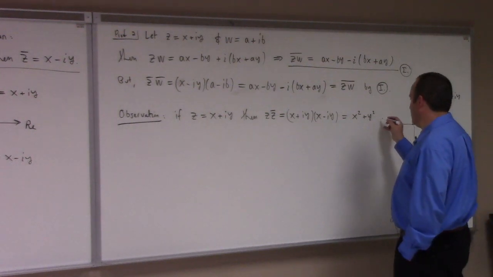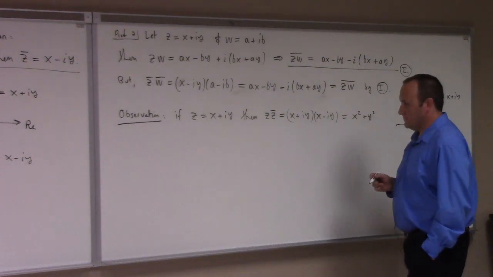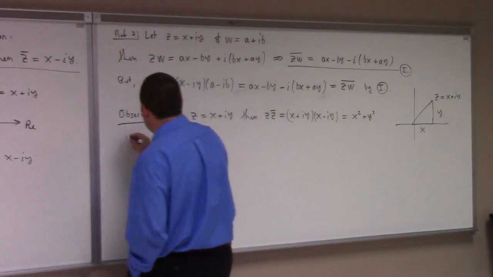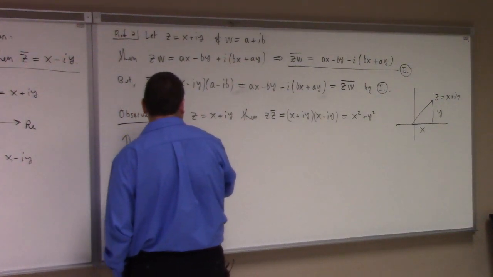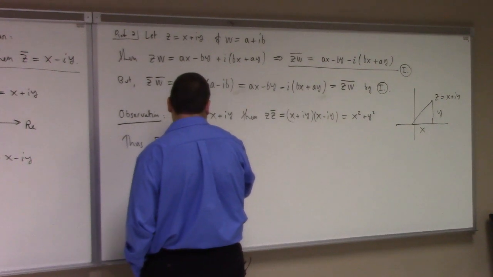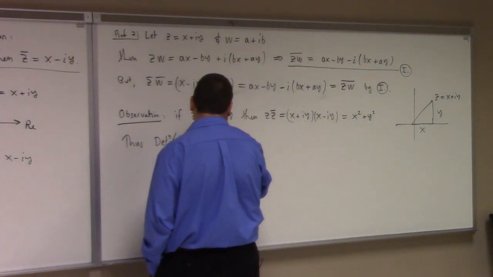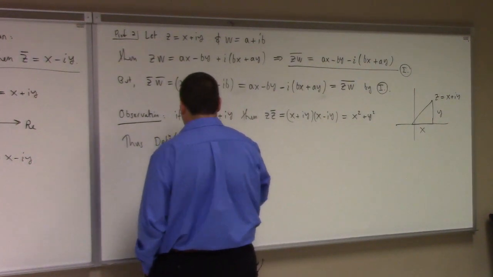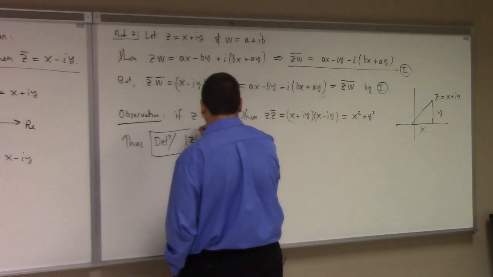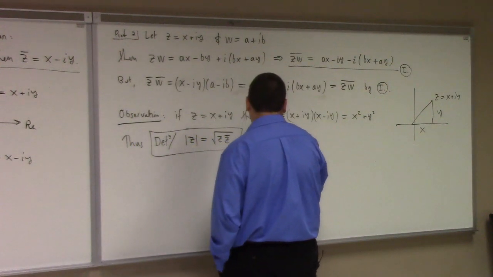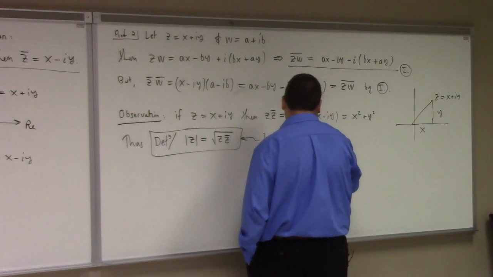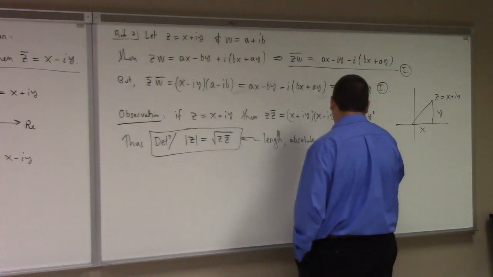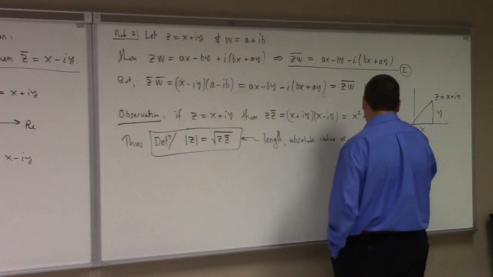Thus, definition. The length of z is the square root of z z bar. So this is either the length, absolute value, or modulus, depending on who you talk to.